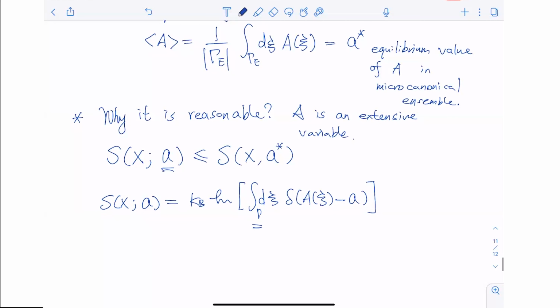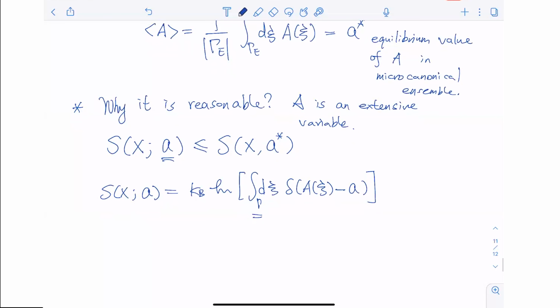Okay, so that's the entropy, and at the equilibrium, A will be the equilibrium value A star, and you should get the natural log of the phase space of A star.